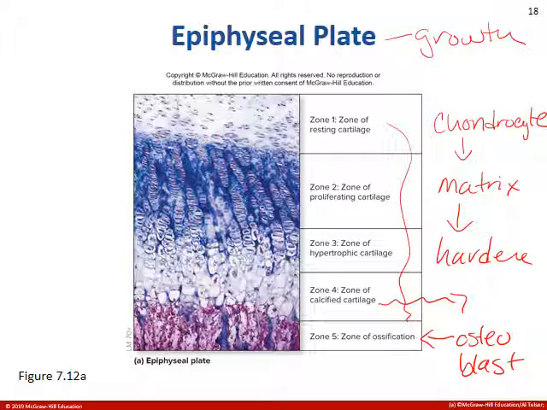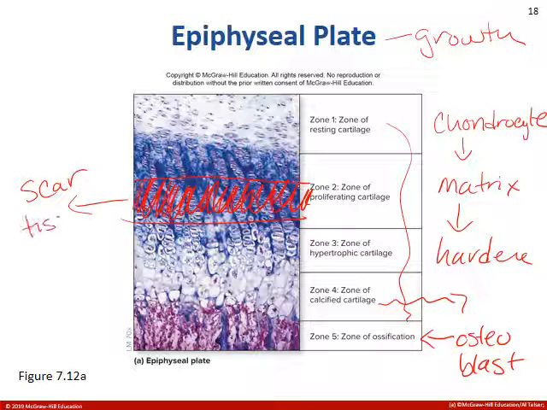The reason that I bring this up is we used to have an issue if a child fell and broke their bone right in the middle of an epiphyseal plate. So imagine if all of a sudden I have a broken epiphyseal growth plate, I've disrupted this tissue, and let's say instead of regeneration I did fibrosis, right? Fibrosis is scar tissue.